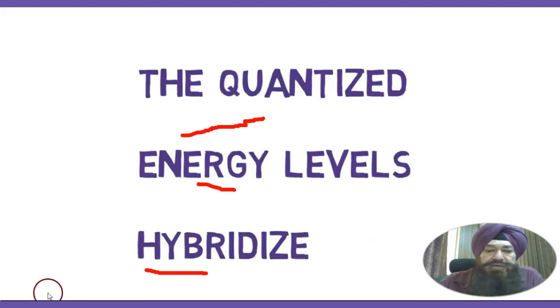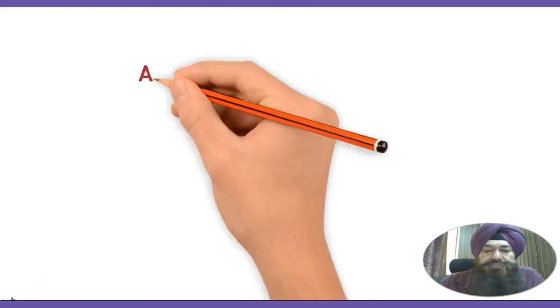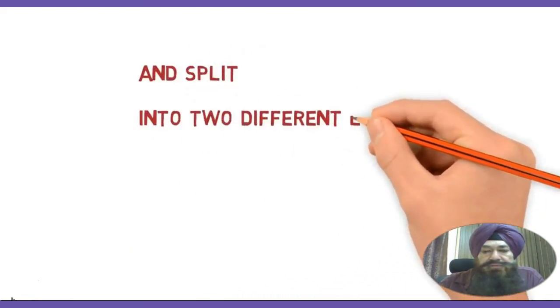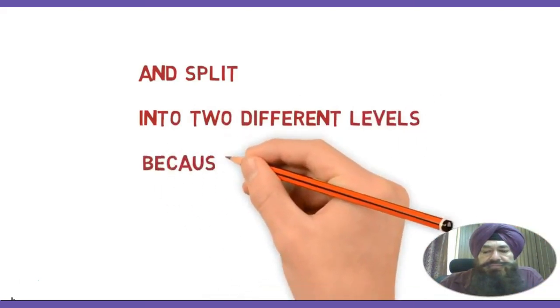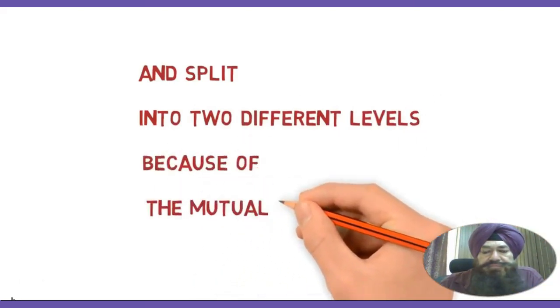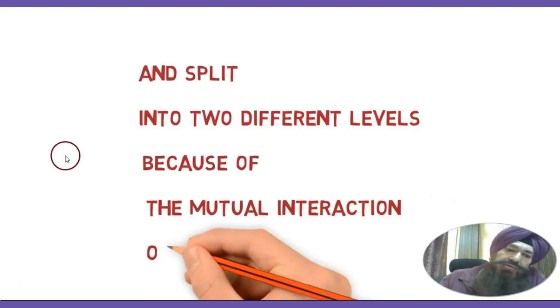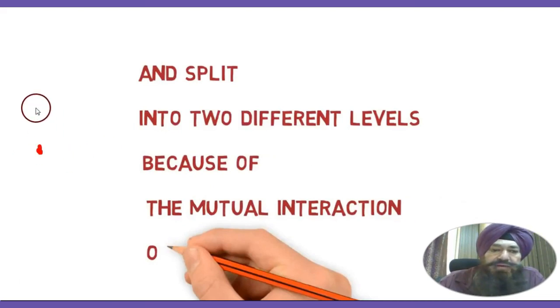And it splits into 2 different levels. How? Let's take an example. This is 1 atom, and there is a valence shell.